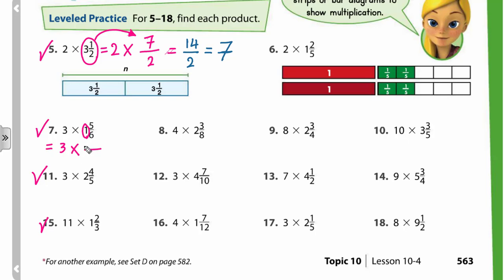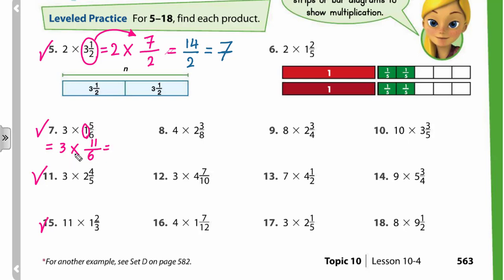The whole number times down plus up. 1 times 6 equals 6. And 6 plus 5 equals 11. And we keep the denominator, of course.